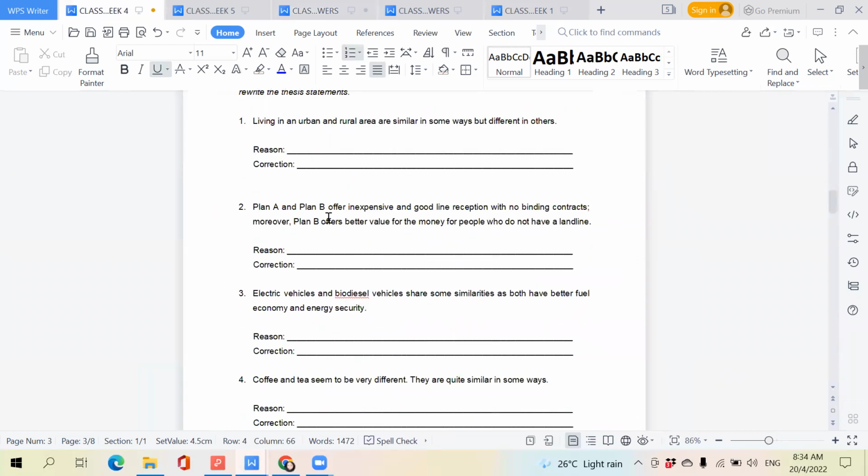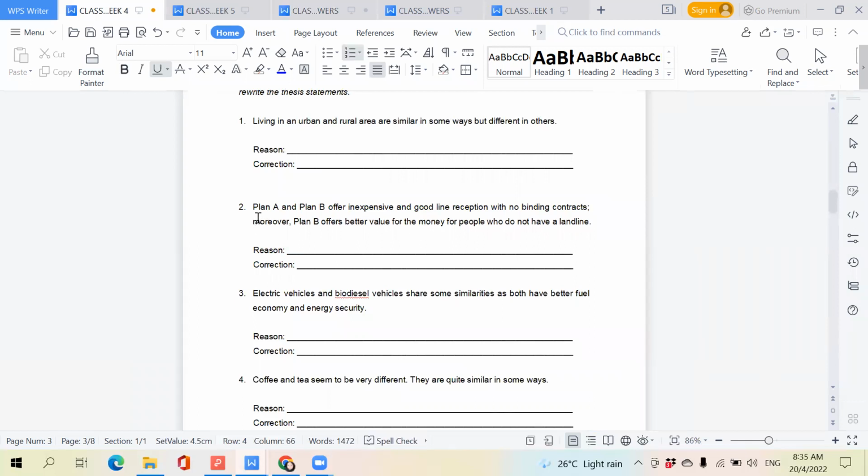If Plan A and Plan B offer inexpensive and good line reception with no binding contracts. Moreover, Plan B offers better value for the money for people who do not have a landline. So what do you think? Is this a thesis statement? Okay, clearly this is not a thesis statement. If you look at the transition signal also, it says moreover.